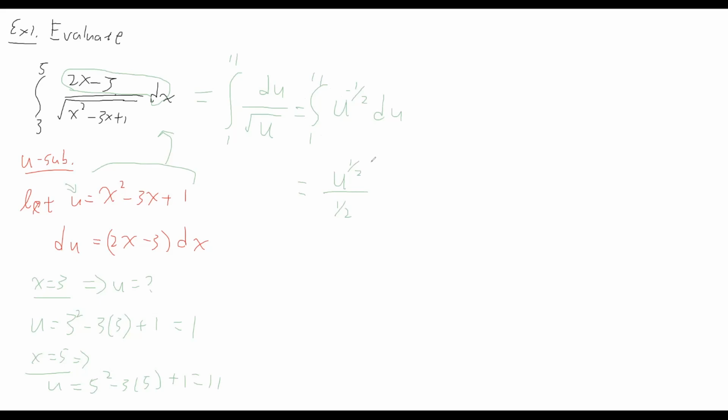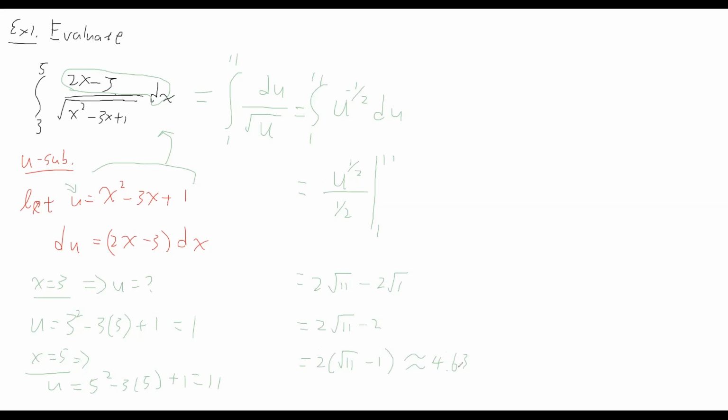We're evaluating this from 1 to 11. That gives us 2 times the square root of 11, since dividing by 1/2 puts the 2 on top, minus 2 radical 1, which is just 2 radical 11 minus 2. If you want to clean it up, factor out the 2: 2 times radical 11 minus 1, which is approximately 4.63.